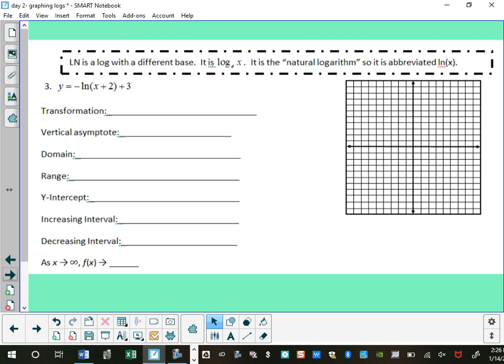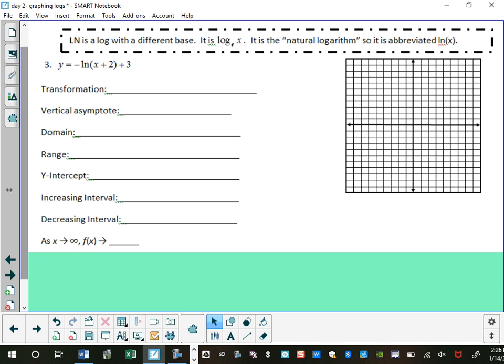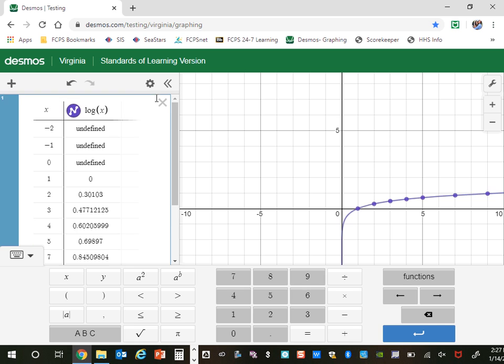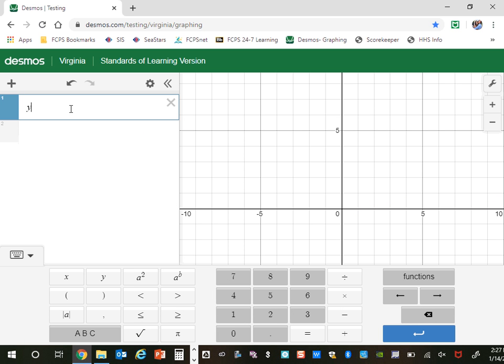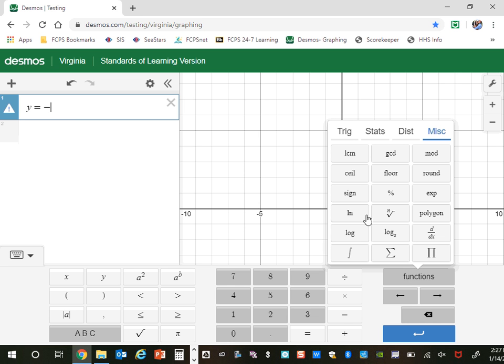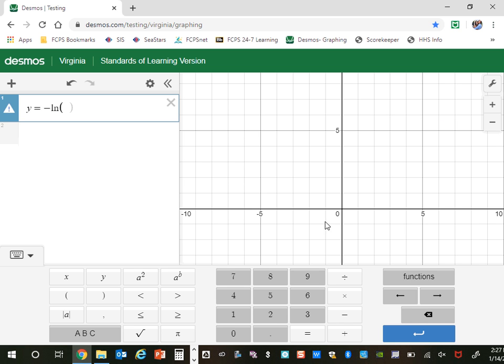On number 3, it says ln. That means natural log. Alright, so in Desmos, I'm pretty sure there's a spot for that. It just means it has a different base. Y equals negative... Okay, so right above the log, there's log there. ln, which is your natural log, is there.